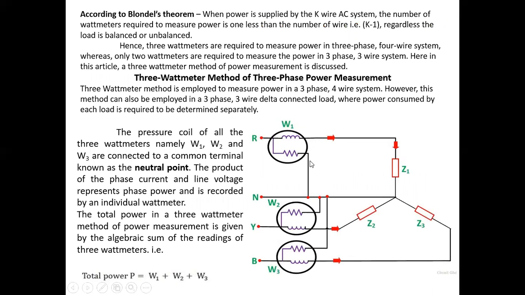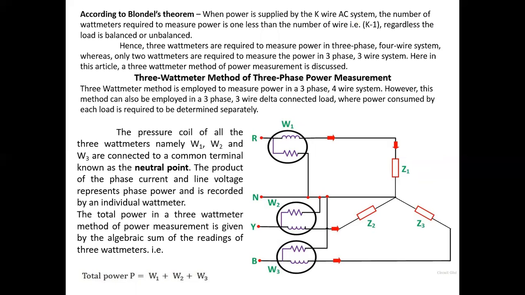In three-phase power measurement by the three wattmeter method, three separate wattmeters are used for the measurement of the power of each phase. The wattmeters are connected across each phase of the load.